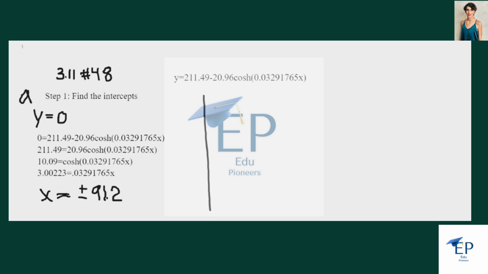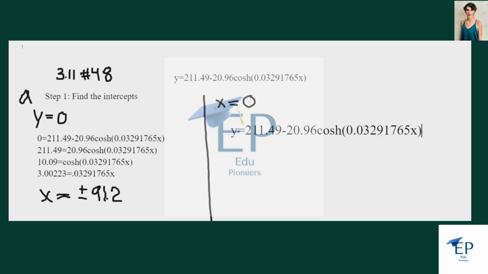The next part, instead of y equals 0, we're going to let x be equal to 0. We're going to solve the same equation, but this time for y, so that we can find our y-intercept. So here's our original equation. We are going to take this x right here and do times 0.